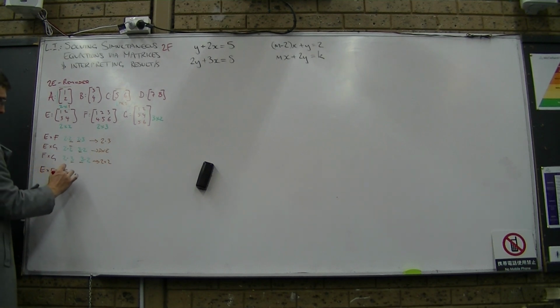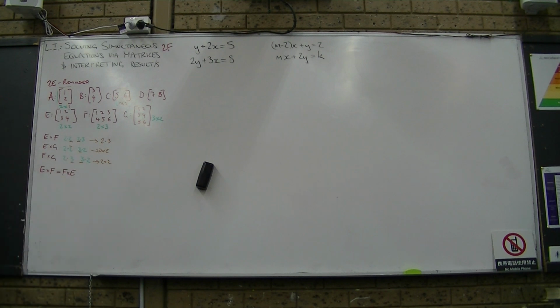Next thing. True or false? These are matrices. False. The way that we can say this statement is false, given these examples, is we'd have a 2 by 3 multiplied by a 2 by 2.